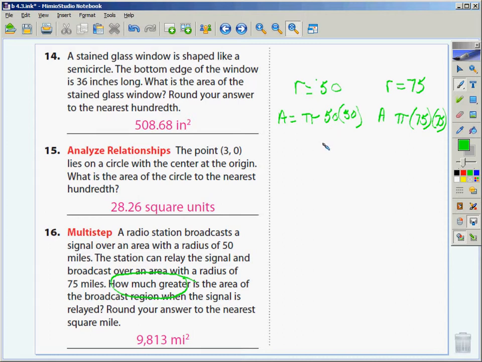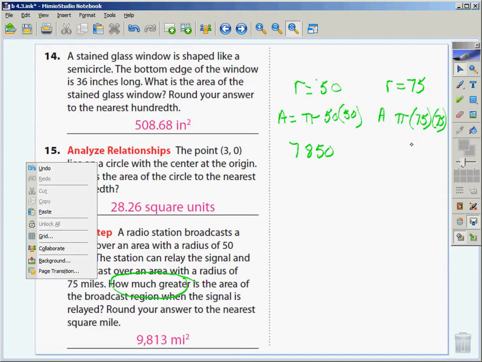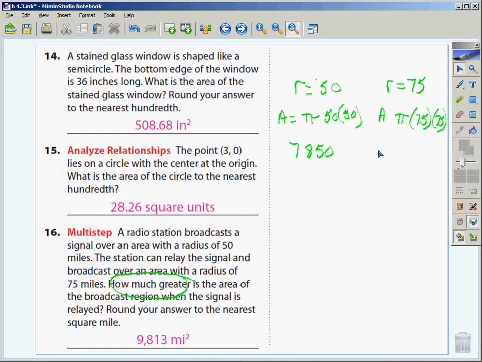3.14 times 50 times 50. This came up to 7,850. When I go to do this one, 3.14 times 75 times 75. This one comes up to 17,662.5.